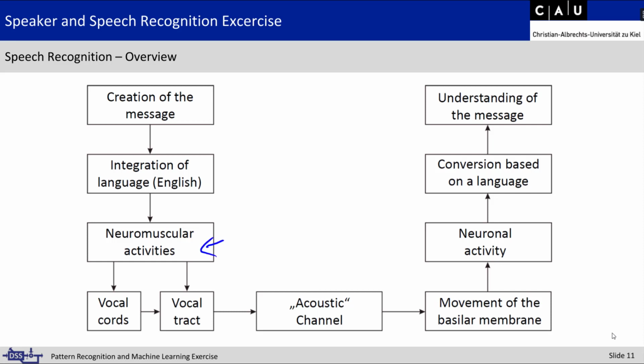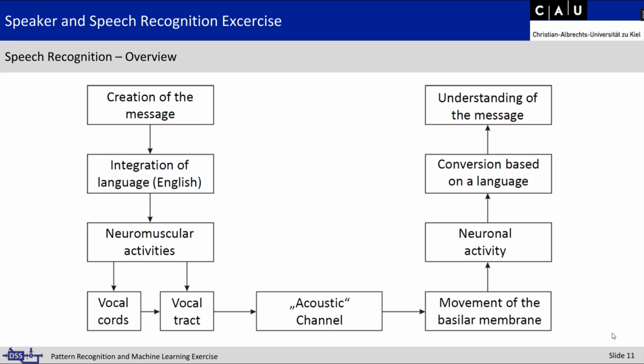I think this was already discussed in the exercise on bandwidth extension, where we looked at the processing of speech in our mouth. So we have the vocal cords that generate an excitation signal, and the vocal tract that is a filter for that.